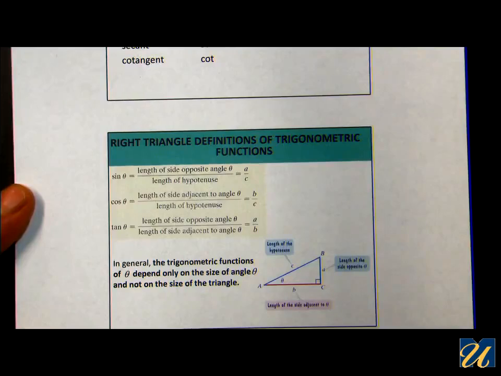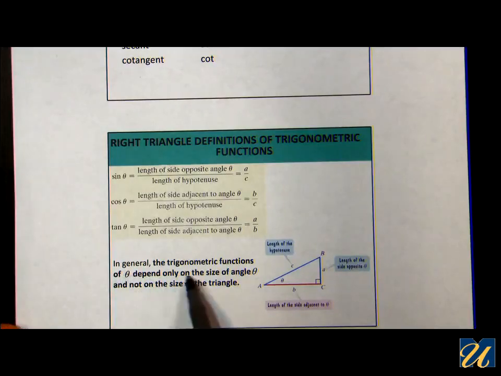Now, there are 6 trig functions, and I'll get to the other 3 in just a moment. It says here, in general, the trigonometric functions of the angle depend only on the size of the angle and not on the size of the triangle.